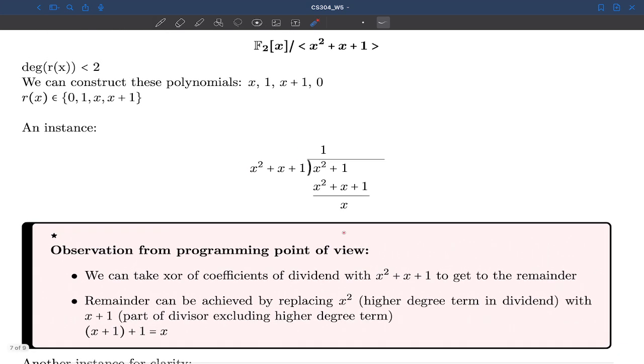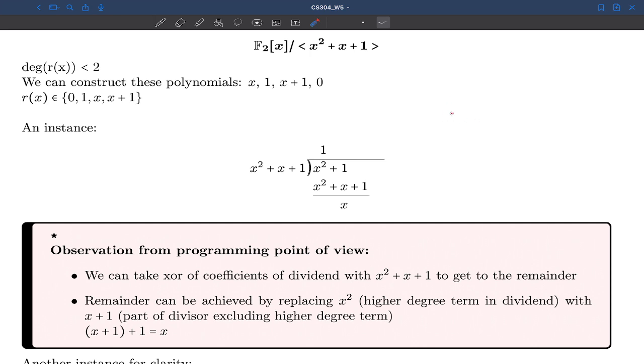One thing you can observe is that if I take XOR of these two terms, then also I'll achieve the remainder. Just take XOR of x square, that will be 0. XOR of 1 and 1, that will be 0. XOR of 0 and x, that will be x. I'm assuming that you are aware of the XOR operator.